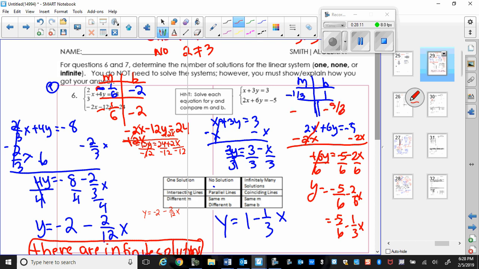My slope is negative 1/3. So slopes are the same, but y-intercepts are different. So here, there are no solutions. There are no solutions, right?